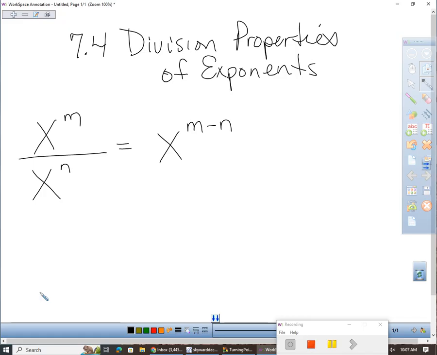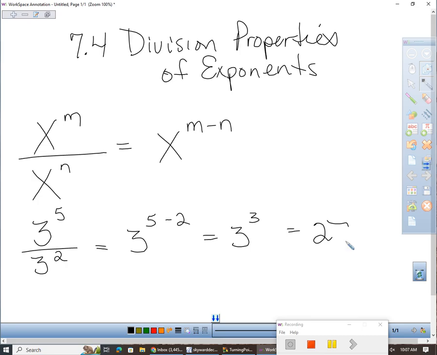So if I were to have, let's say, 3 to the 5 over 3 to the 2, I would keep my base and take my exponent, the top one minus the bottom one, which is 3 to the third power, which is 27.